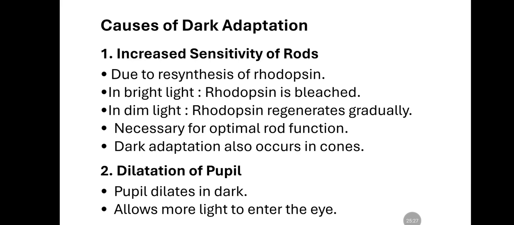Dark adaptation also occurs in cones. Dilatation of pupil: the pupil dilates in the dark, allowing more light to enter the eye.